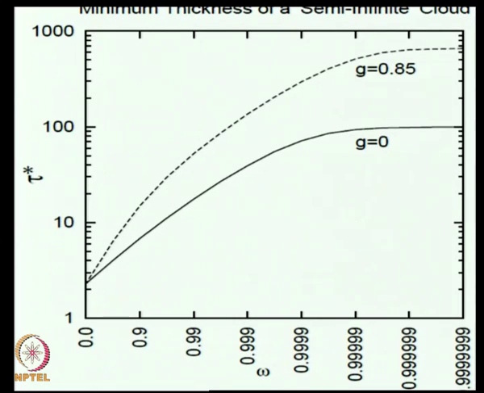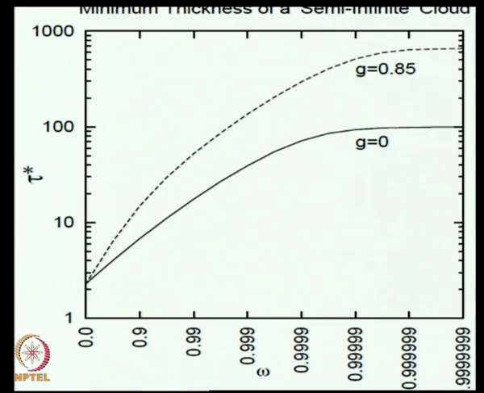And you can see that the asymmetric reflection causes the need for higher optical depth for it to declare semi-infinite. So, the asymmetry parameter does play a role in determining how thick a cloud should be before it can be declared as semi-infinite.